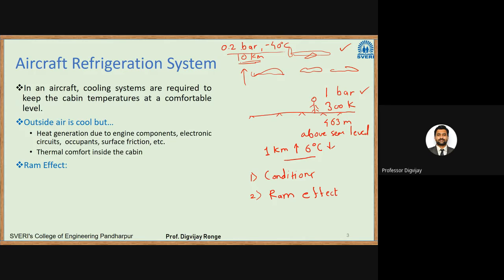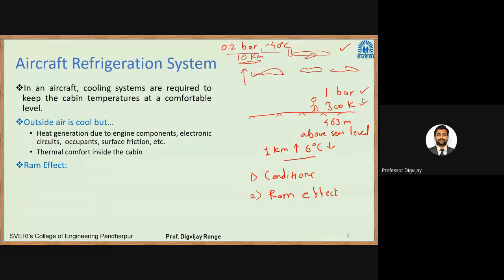But inside there are occupants, and we as human beings are very habituated to 1 bar and 300 Kelvin. So what I have to do is increase the pressure from 0.2 bar to 1 bar.